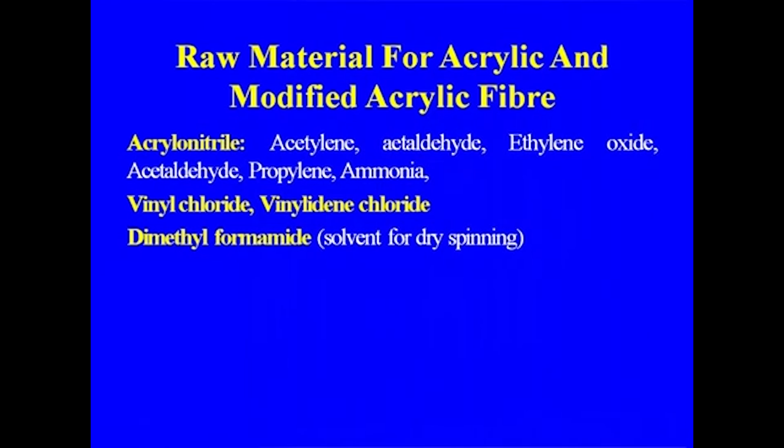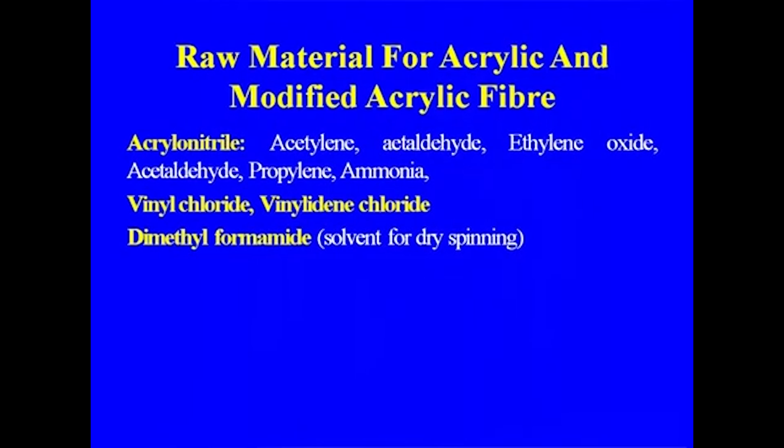Now let us discuss the raw materials for the acrylic and modified acrylic fiber. Acrylonitrile, from acetylene, because that was the earlier route: acetylene, acetaldehyde, ethylene oxide, then propylene and ammonia. This is now the route we are using, with raw materials ammonia and propylene for ammoxidation of the propylene to make acrylonitrile.